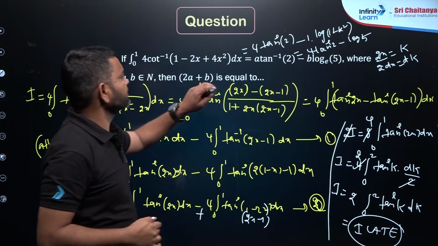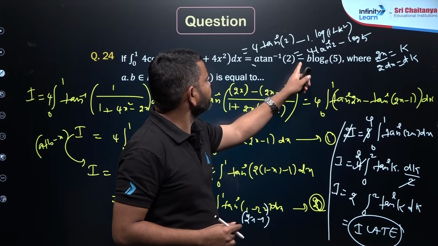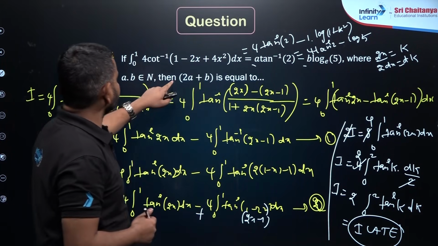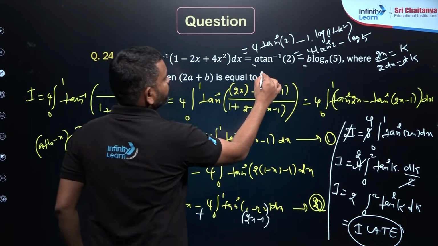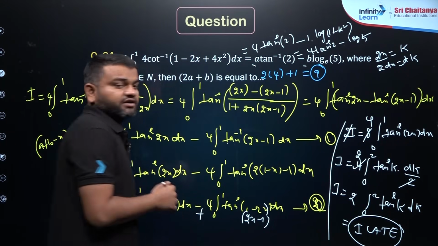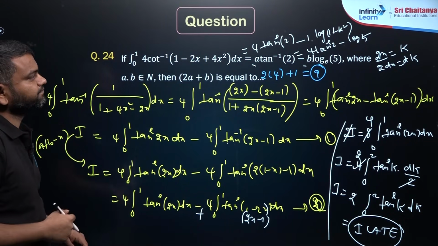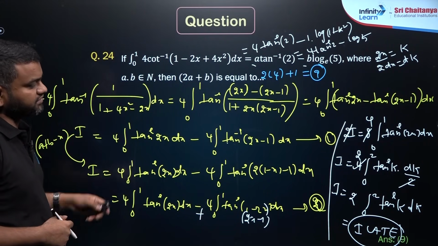You can see here, yes, this is matching. A value is 4, B value is 1. What I need? 4 into 1, which means 2 into 4 plus 1. This is going to be equal to 9, and 9 will be your answer for that. Alright, next. Yes, 9 is your answer there.